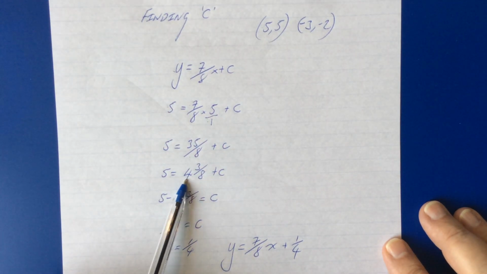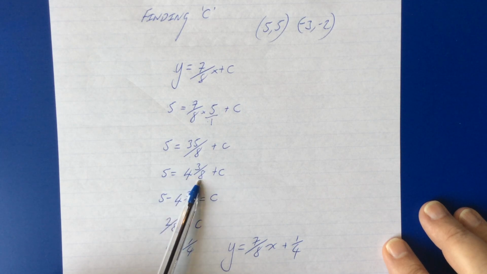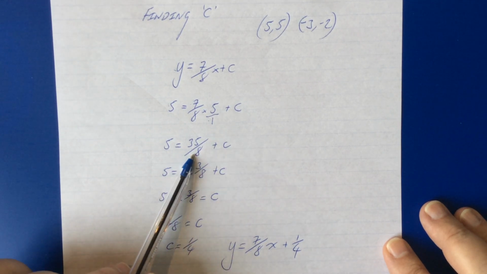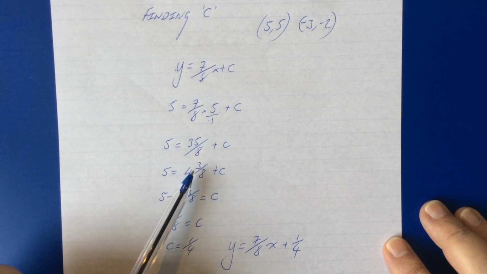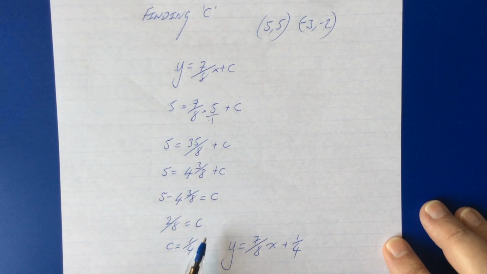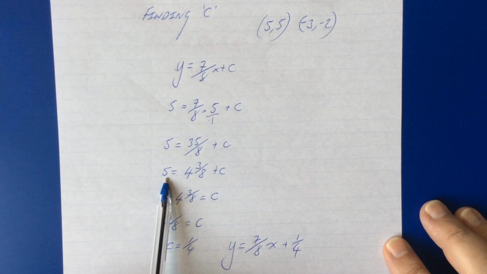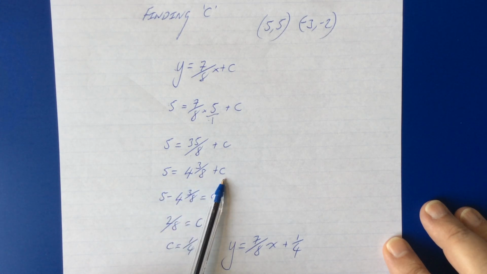Now that can be simplified to 4 and 3/8. 8 goes into 35 4 times, and the remainder is 3. 4 and 3/8. We know now that 5 is equal to 4 and 3/8 plus c.